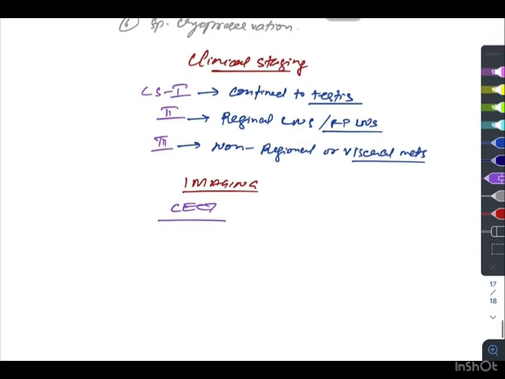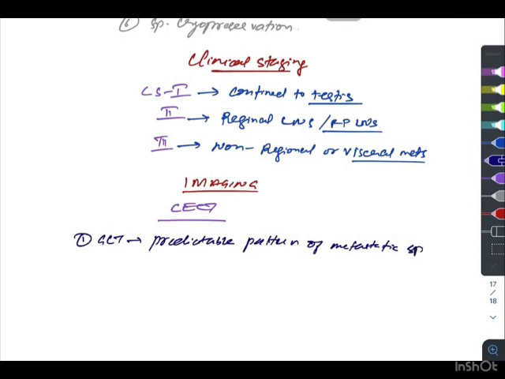Before going into this, we need to know some basic things about germ cell tumors. First, germ cell tumors have a predictable pattern of metastatic spread. From the testicular tumor, the metastasis will reach the retroperitoneal lymph nodes.